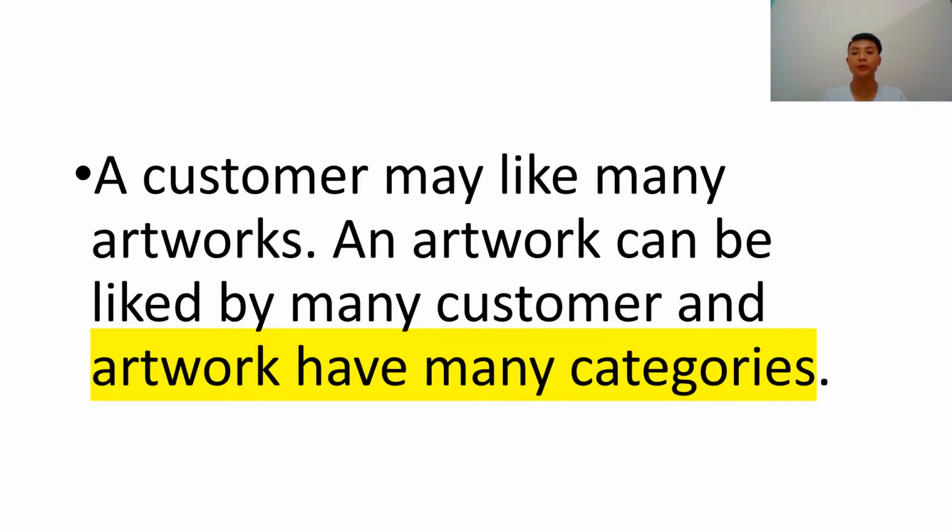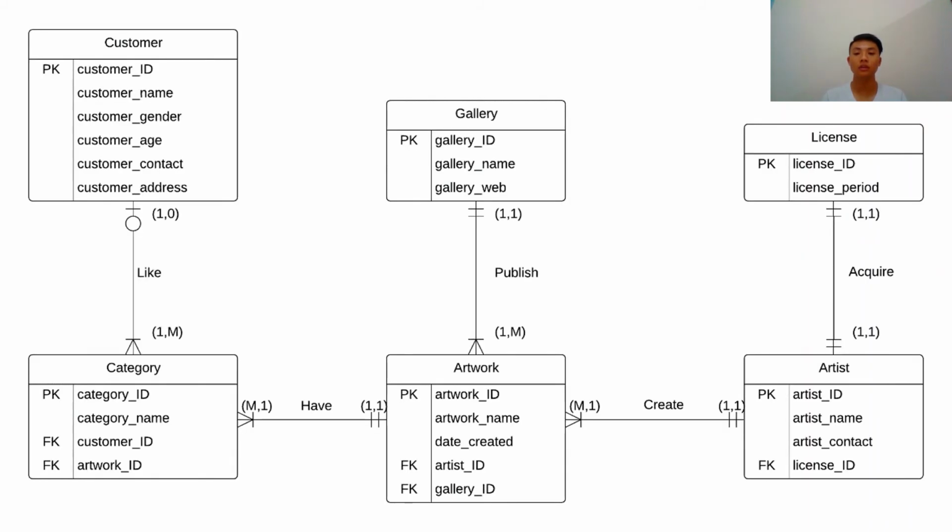From the business rules, a customer may like many artworks, and an artwork can be liked by many customers, and an artwork has many categories. So we need to add a new attribute, which is category, between the customer and artwork. This is the final diagram.